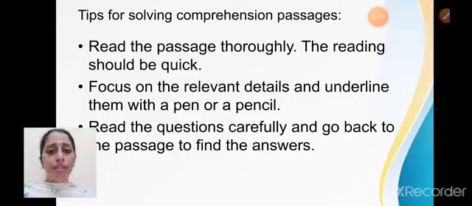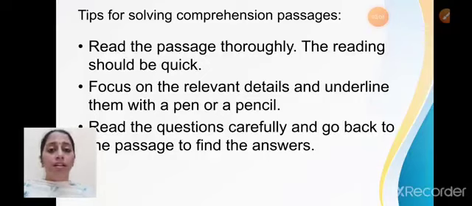Read the questions carefully and go back to the passage to find the answers. Yes, this is the right way of answering unseen passages. Some of you read the question and then you go to the passage and try finding the similar word and then you connect to the answer, which is incorrect.